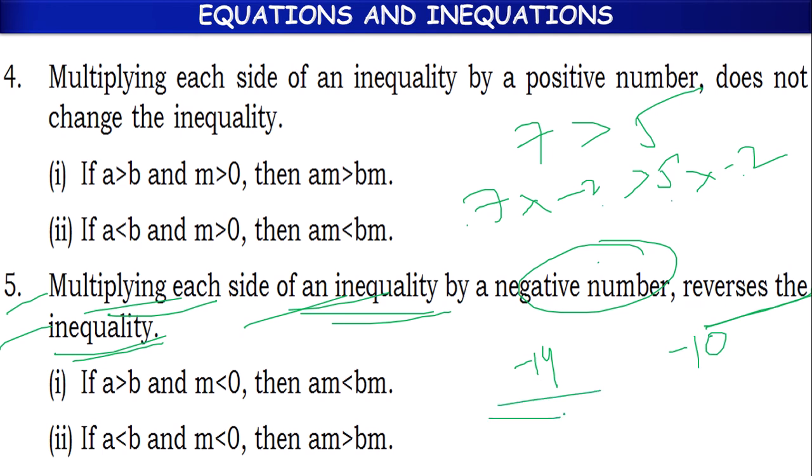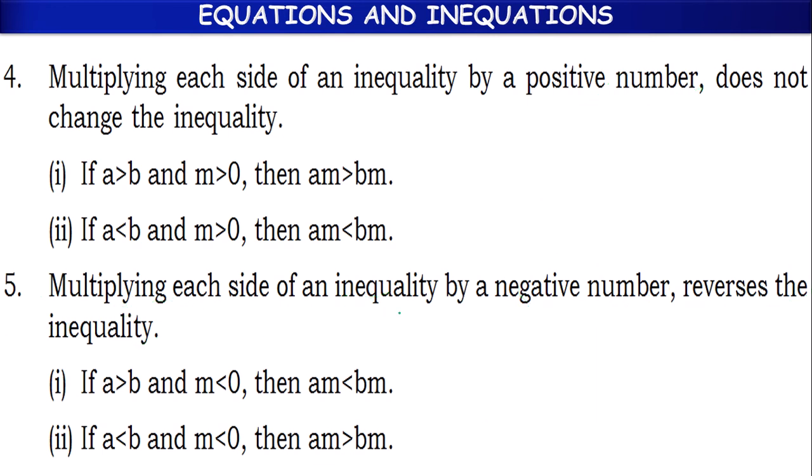In negative numbers, the numeral whose magnitude is more has the lesser value. So minus 14 is less than minus 10. In the beginning the inequality had a greater than sign. While multiplying with the negative number, it became less than. This means whenever we multiply the inequality on both sides by a negative number, it reverses the inequality.